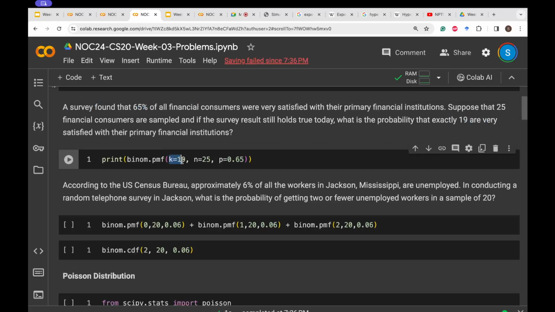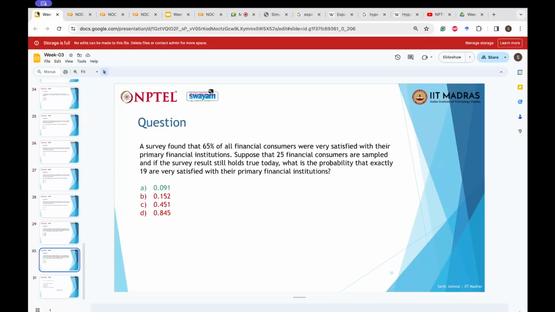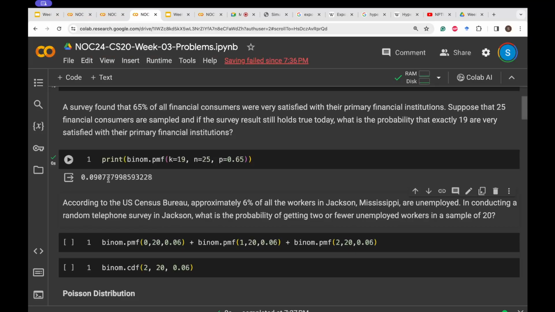Here k is nothing but the number of successes, n is the total sample size, and p is the probability value, which is 0.65 in this case. So you can just simply run this. This is the value, approximately 0.091.